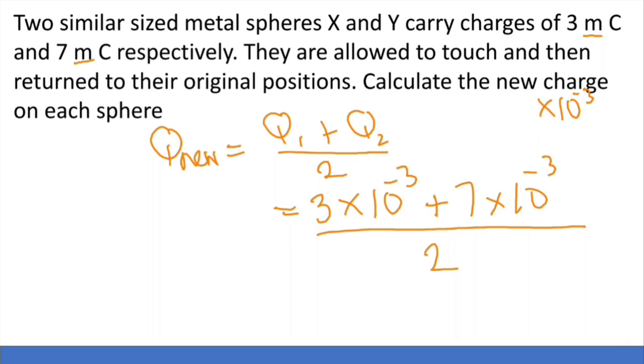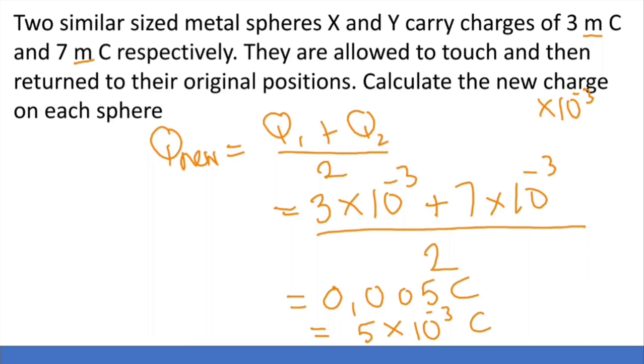And then there is also a 7 times 10 to the -3. All of that is divided by 2, and I get an answer of 0,005 coulomb, or using scientific notation, 5 times 10 to the minus 3 coulomb, 5 millicoulombs.